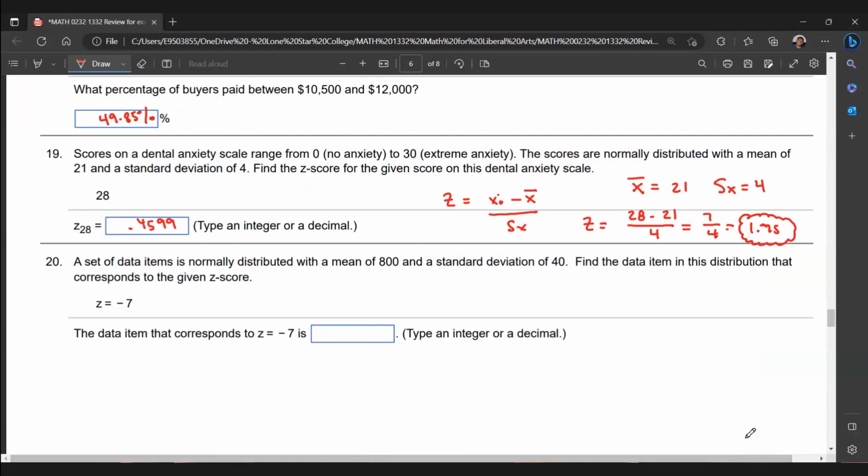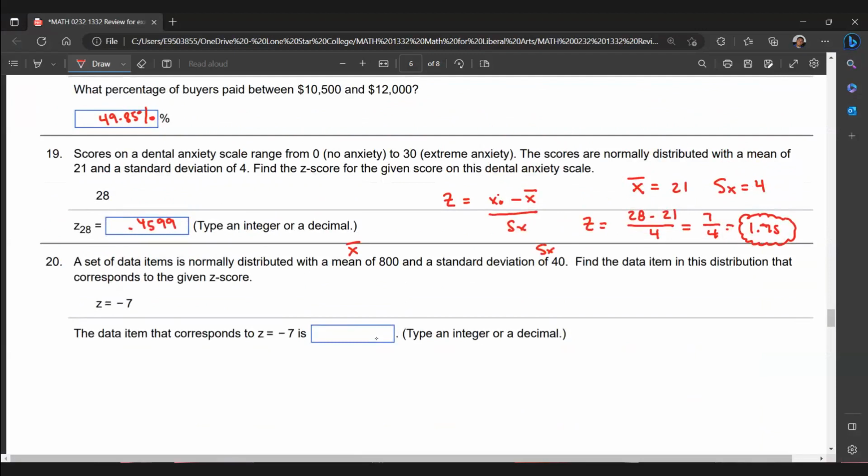All right, let's look at what's going on here. Number 20, our last example. A data set that is normally distributed with a mean of 100 and a standard deviation of 40. Find the data item in this distribution that corresponds to the following Z-score.